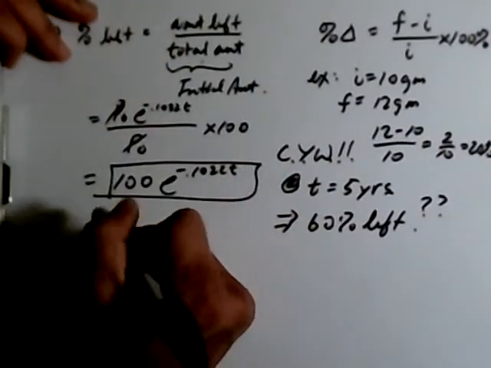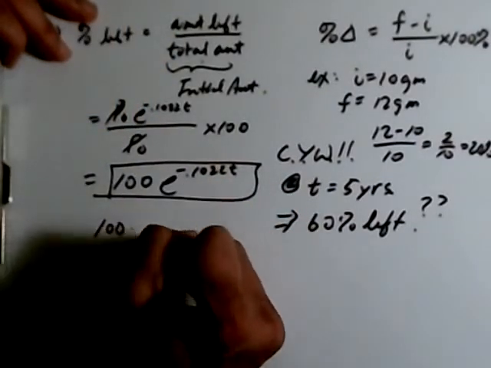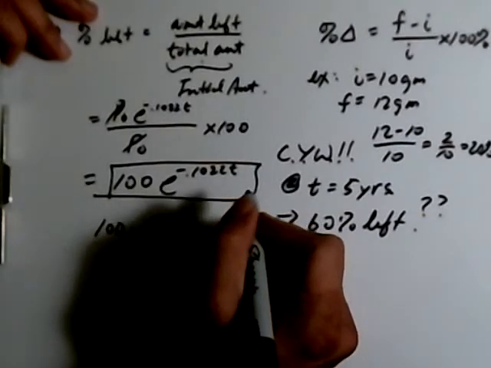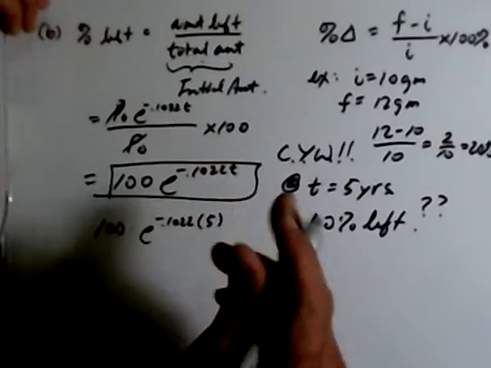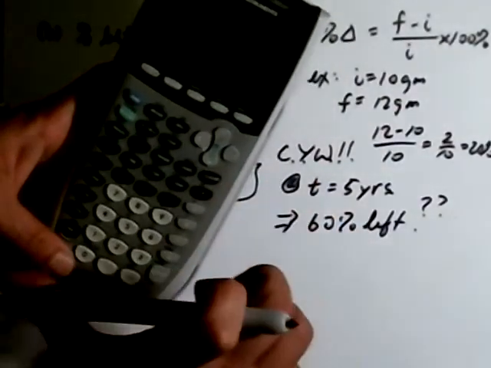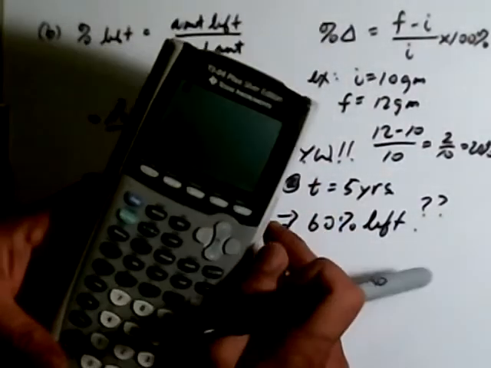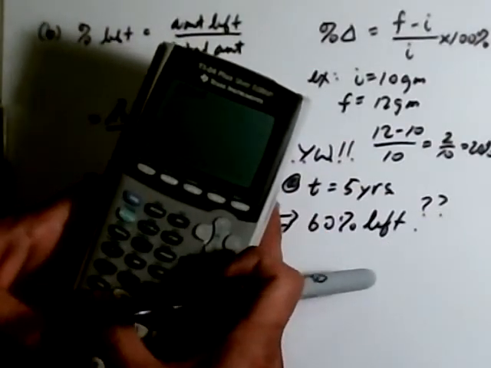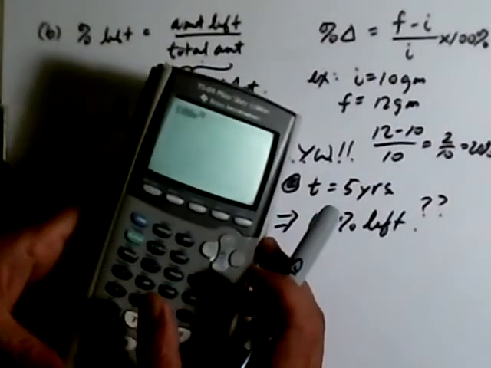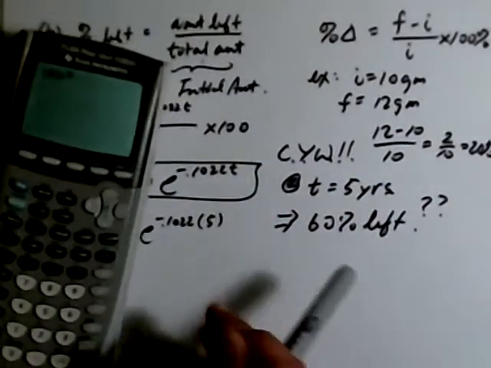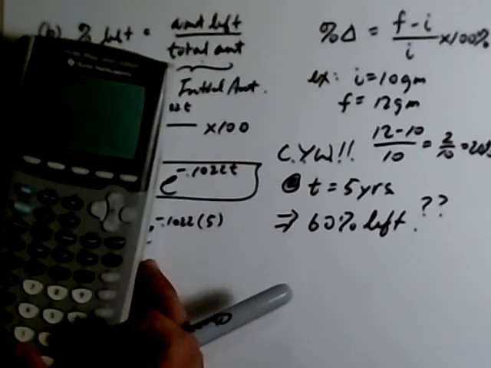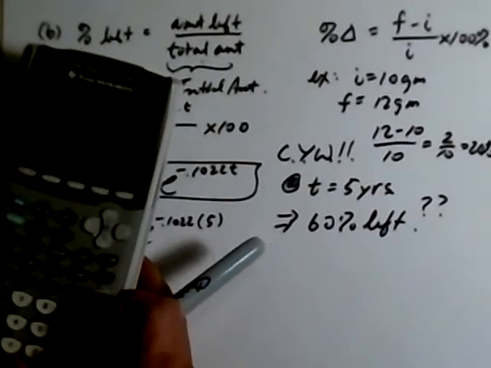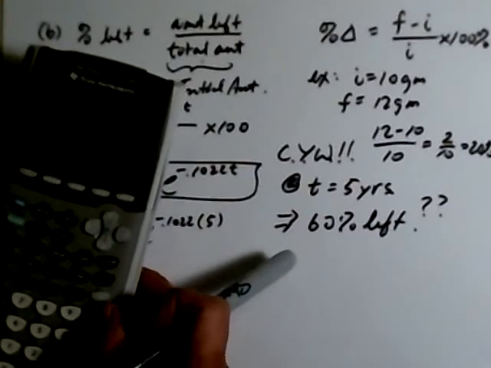So the percent is going to be 100 times e to the negative 0.1022 times 5. I don't know if you can see it or not. 100 times e to the, excuse me, should be negative 0.1022 times 5.